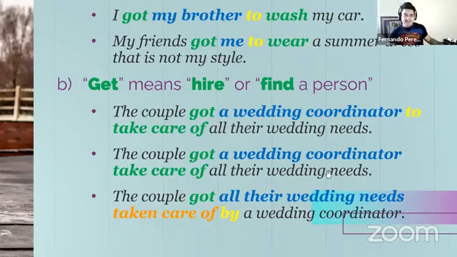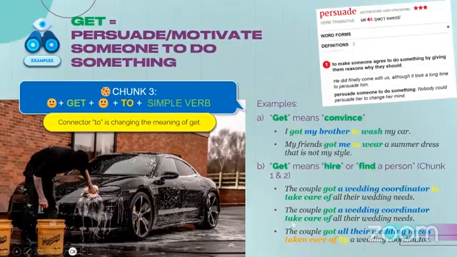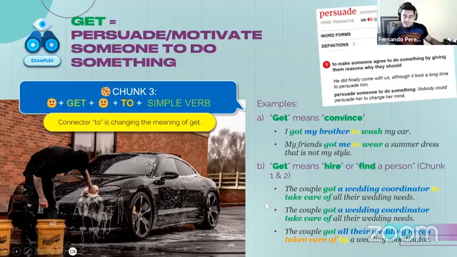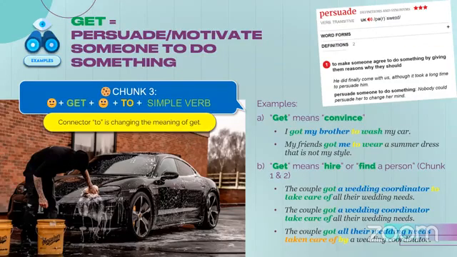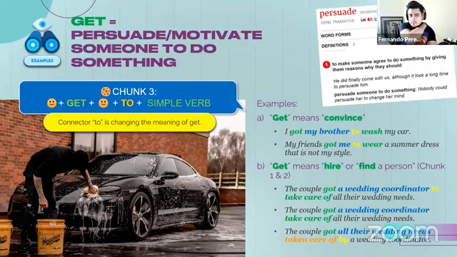So when you listen to that, you say, no, it's not possible that a wedding coordinator does that for free. So how could you understand in this case that the verb is being used in a hiring sense, right? Precisely.